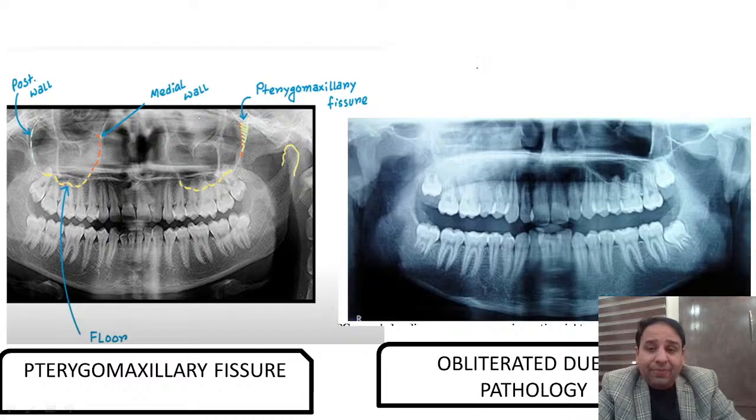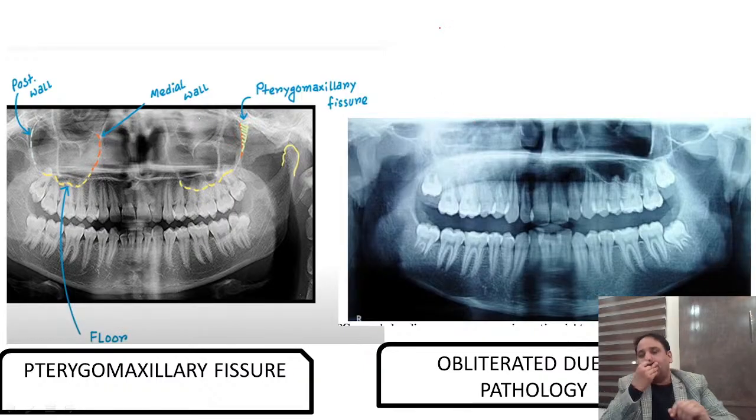But now look carefully at this side, and at this side. Tell me, which side is the pathology? Is it on the right side or the left side? Left side? Can you trace the pterygomaxillary fissure on the left side? And can you trace it on the right side of the maxilla? Check carefully. You will realize that a pathology is present.